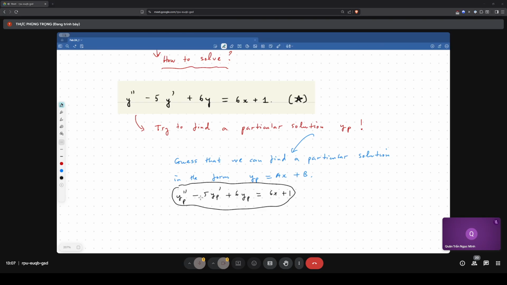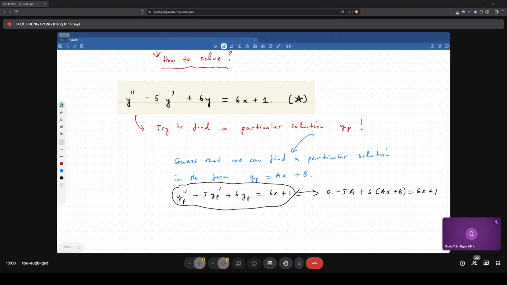You need to have this one because a particular solution is a function that satisfies your equation. So you can see the second derivative is 0, right? This is a linear function, so you have 0 minus 5a plus 6as plus b, equals 6s plus 1.